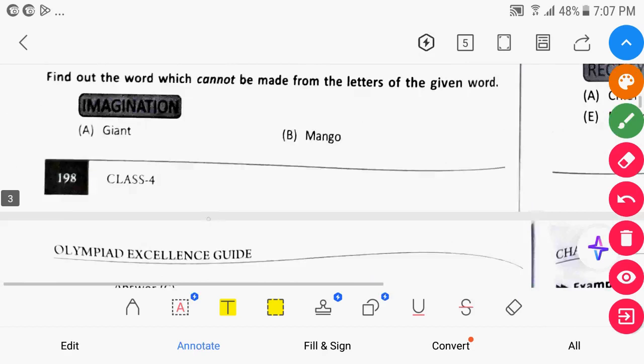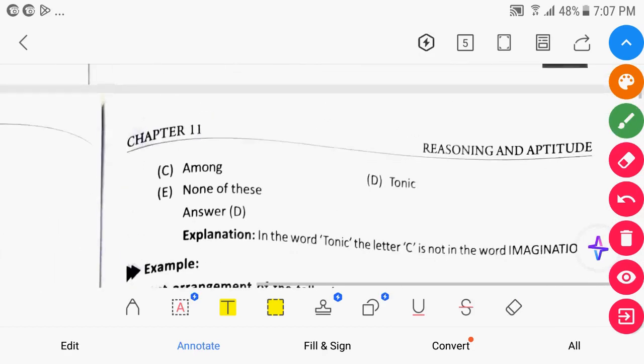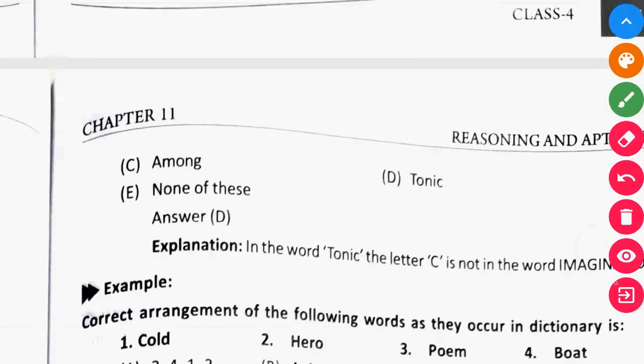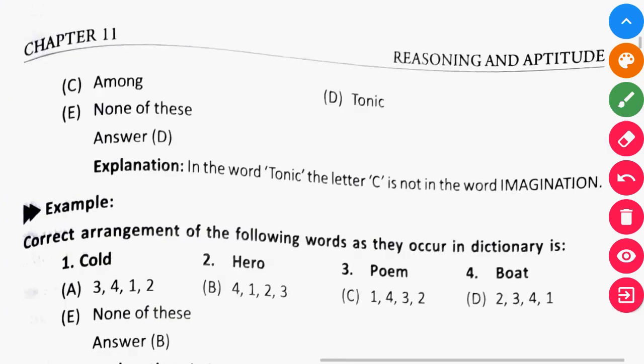So here in the word imagination there is no C. So all the other words can be formed from the letters inside that word, but tonic cannot be formed using the letters from imagination.